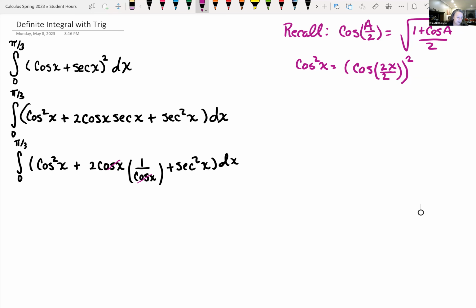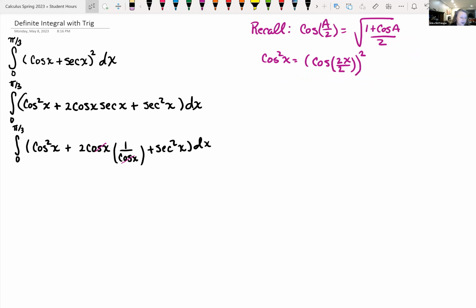So if I look at this and use my half angle identity, we get the square root of 1 plus cosine of 2x all over 2. We have this square here, and so we're going to square this whole thing.